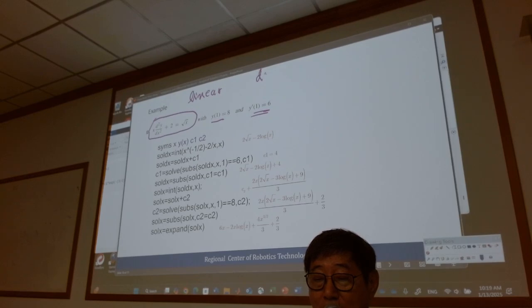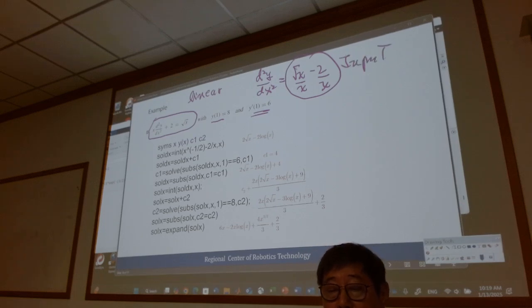You can write this one d2y by dx squared equal to square root of x minus 2 divided by x. This is the input, right? And you integrate this one, right?